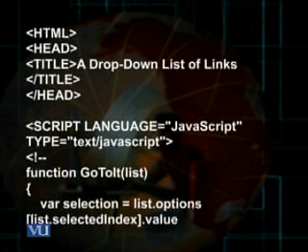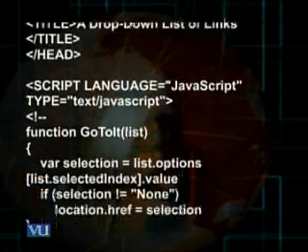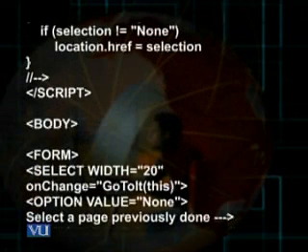A list here would mean the argument, the parameter associated with this function named goToIt. And then within the curly brackets, I write code where selection equal list.options, then within the square bracket, list.selectedIndex.value, and then I use an if statement, if selection not equal none, location.href equals selection, and then I close the curly bracket.